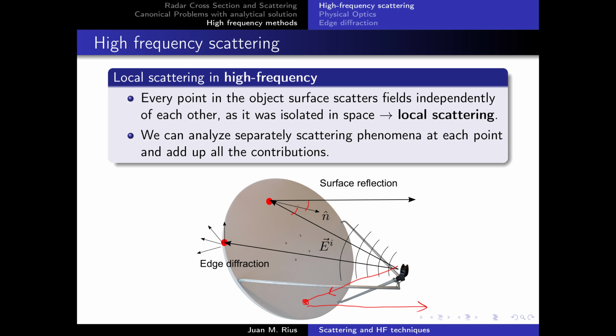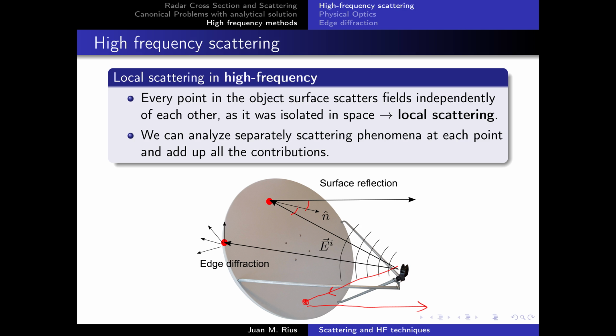So the field at one point is related to the field at all the other points, and this is what happens from the discretization of the electric and magnetic field integral equations leading to a linear system. This linear system collects all the interactions between all the source points with all the field observation points all together.